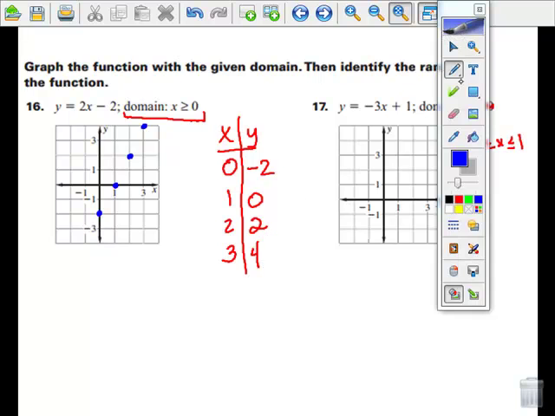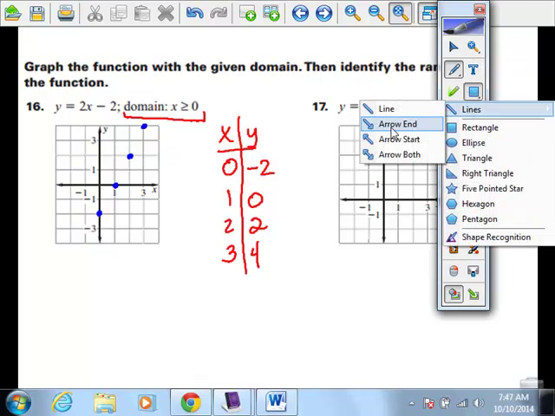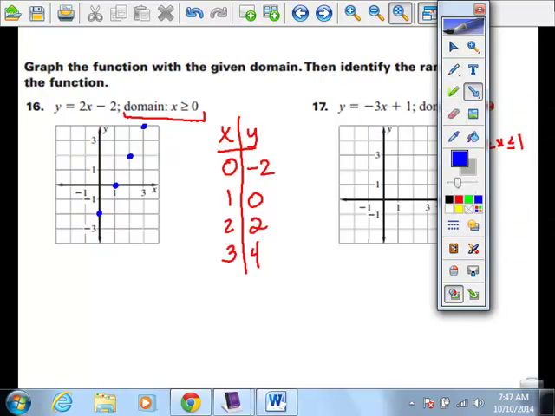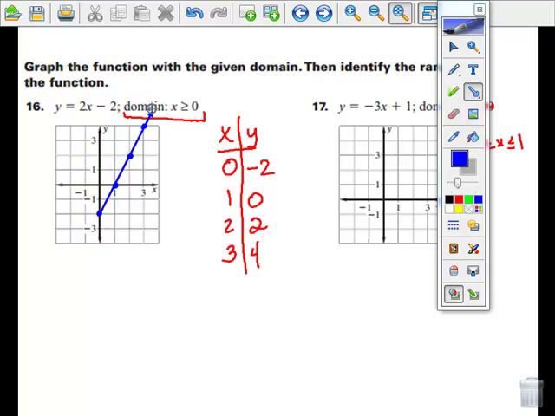So I would end up plotting these with a ray that looks like this. So there's only the arrow at the end of it, because as x keeps getting larger, which is x is greater than or equal to 0, the y values are also increasing. So it's a ray that goes in the positive direction.